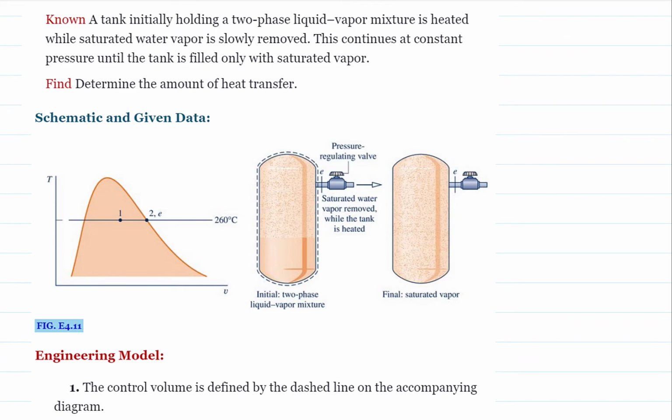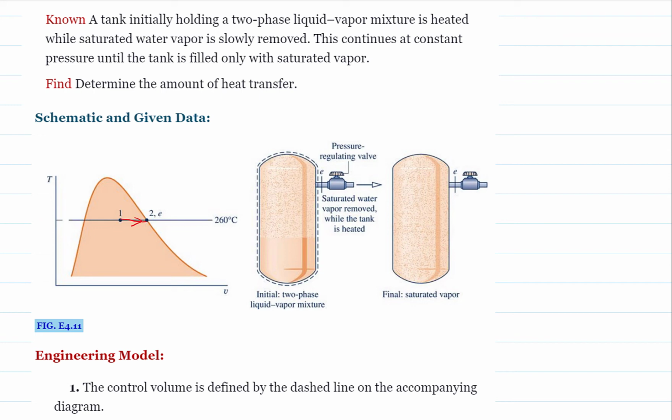On a T-v diagram, the initial condition is inside the vapor dome since it's a mixture. And it undergoes a constant pressure process, so it moves horizontally. And the final state is saturated vapor, so state 2 is on the saturated vapor line.